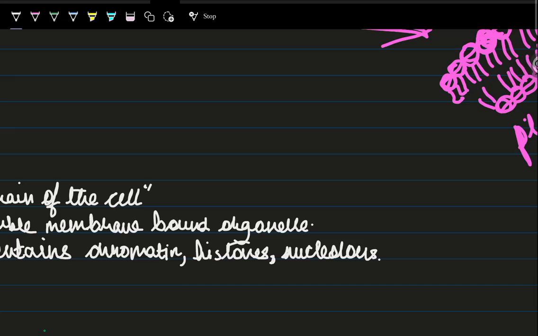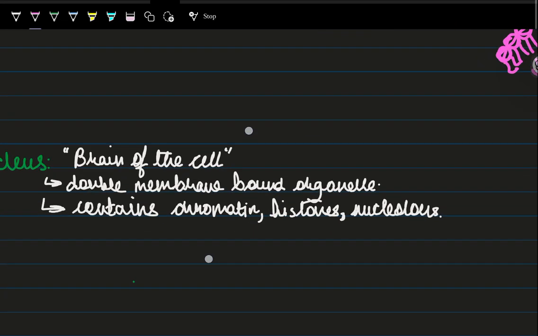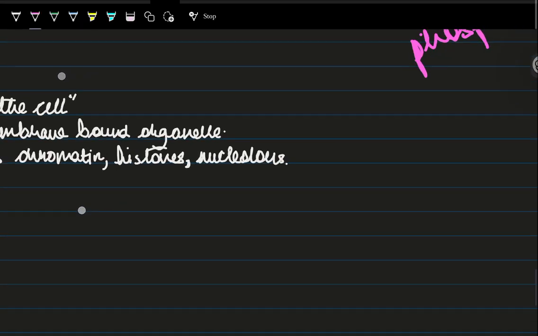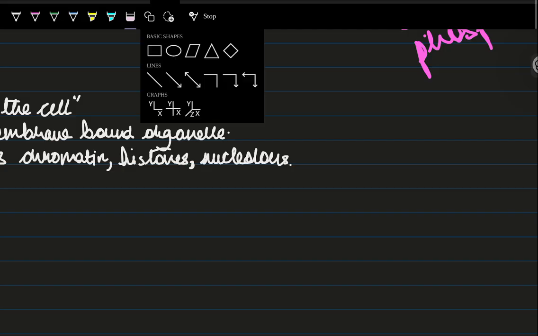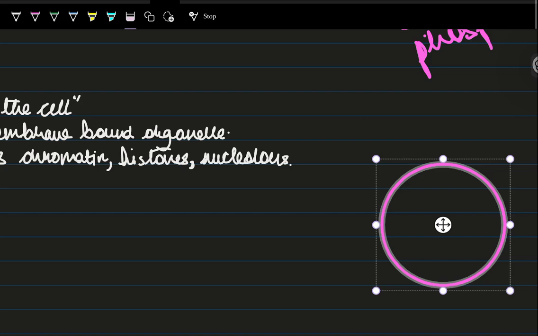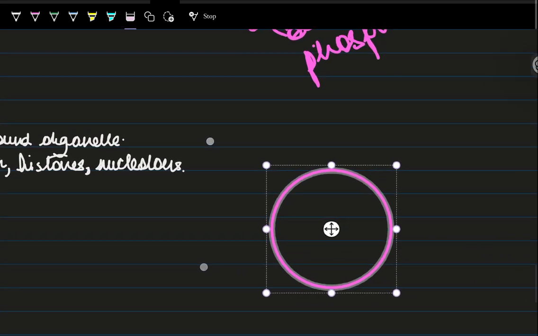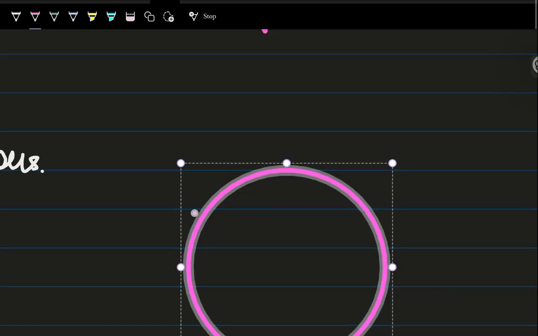Yes, it is double membrane bound, so let's draw a diagram of it. On the side. So I'm going to draw the double membrane as one.